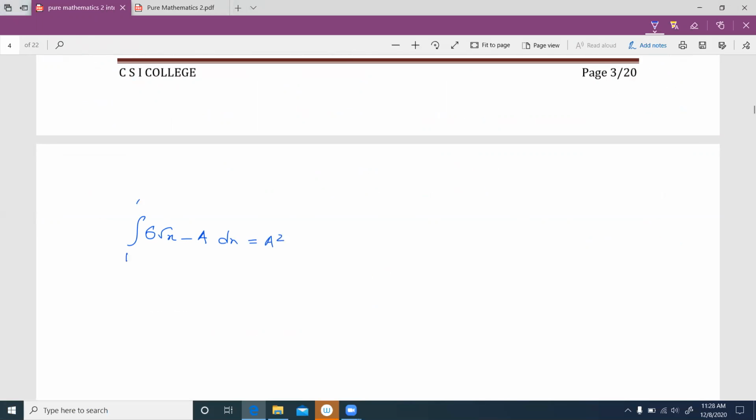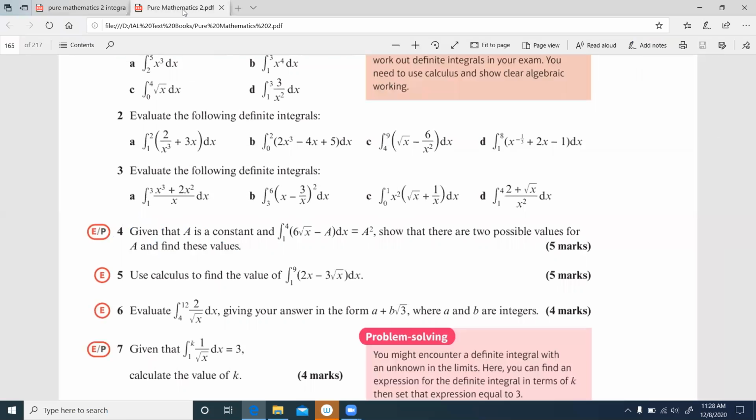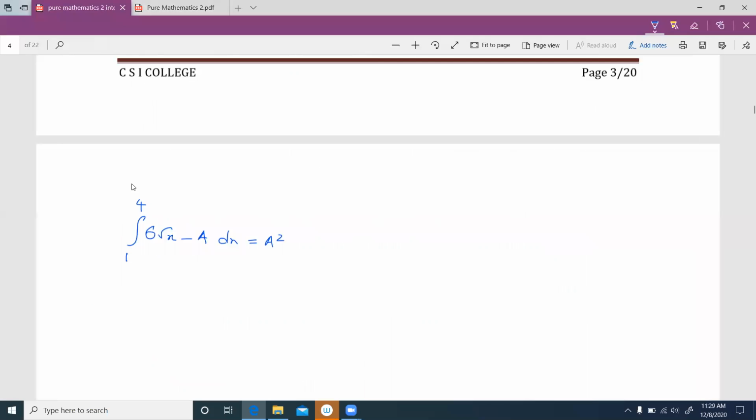That's the question. 6 square root of x minus a, the integral is a squared. Find the possible values for this. I'm just referring to exercise 8A, question number 4.